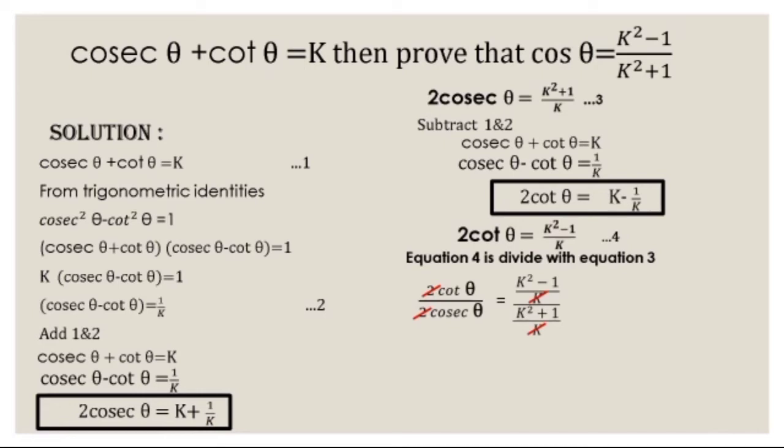And cot theta means cos theta by sin theta, and cosecant theta equal to inverse of sine, so 1 by sine theta. That's equal to k square minus 1 by k square plus 1. Now cancel sine theta. We get cos theta equal to k square minus 1 by k square plus 1.